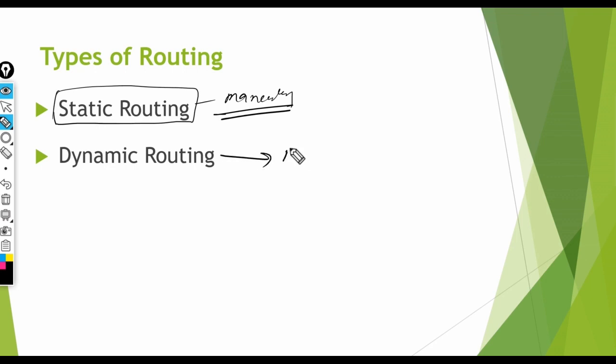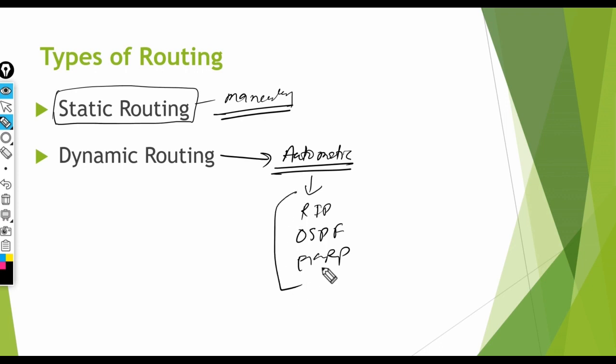Dynamic is where an automatic process is involved, and this automatic process takes place by using protocols like RIP, OSPF, EIGRP. There are many routing protocols which are dynamic in nature. We will discuss in our coming classes what static routing and dynamic routing are in detail.